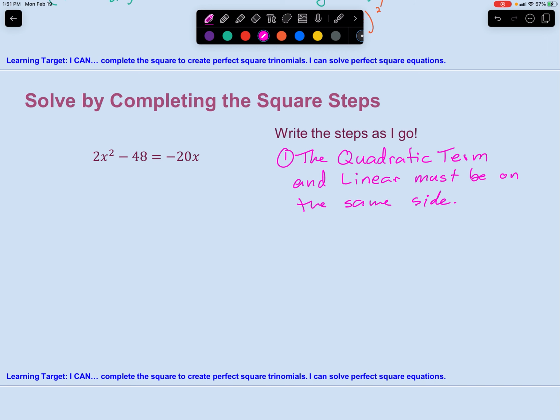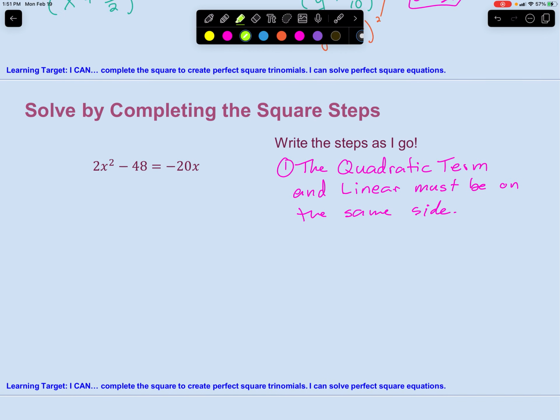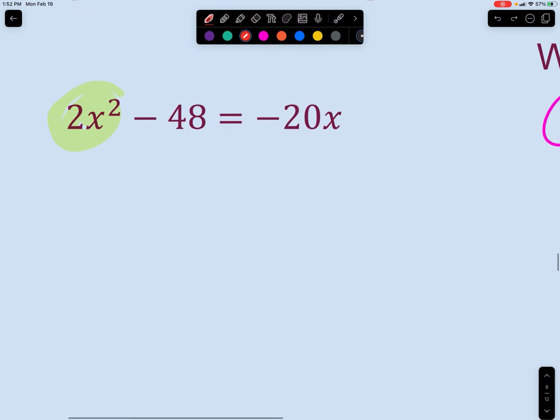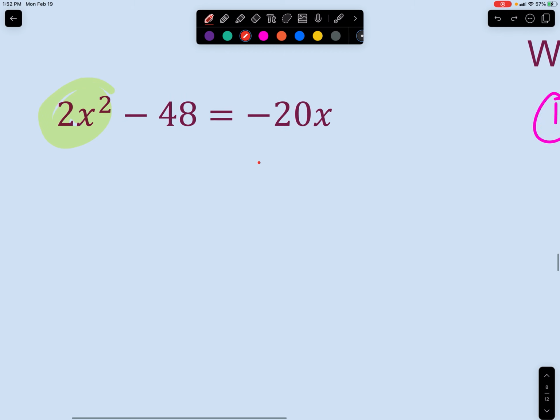So if we look here, we have our quadratic term, 2x squared, on the left side, but then we have our linear term, negative 20x, on the right side. And we can fix this by adding the 20x. I'm going to cancel it out from the right and move it to the left.